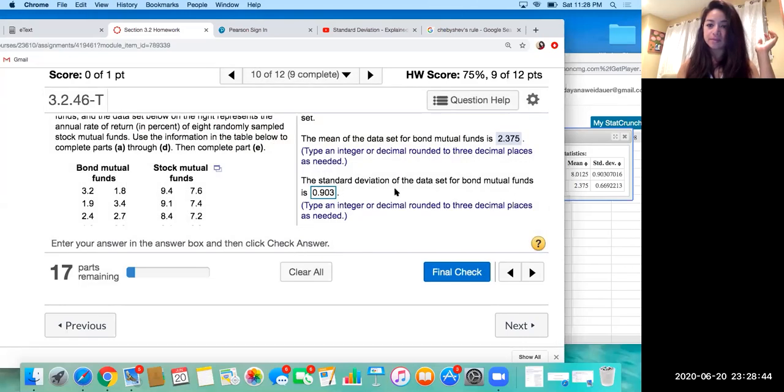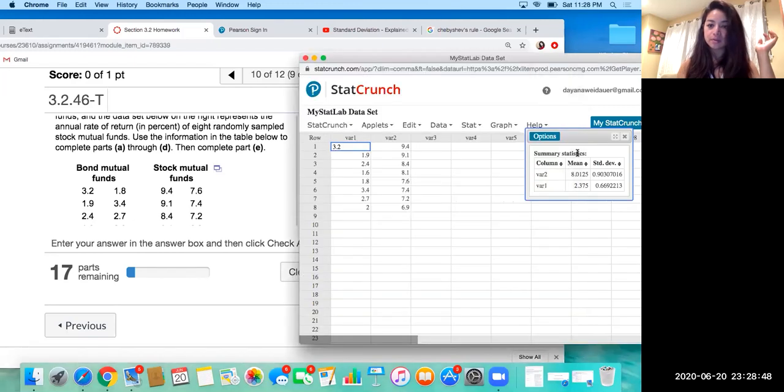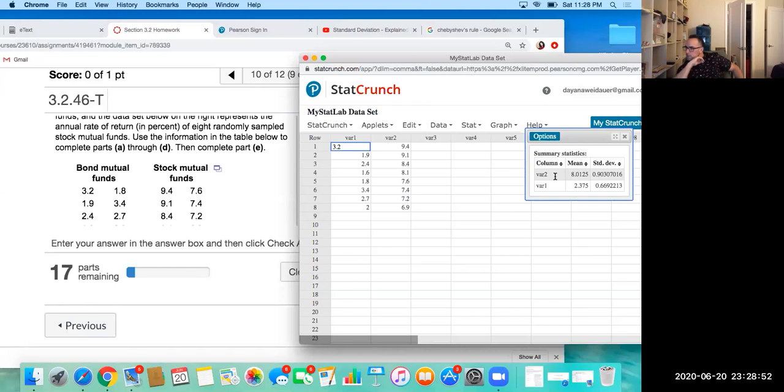The standard deviation of the data set for the bond. Oh, what? It's backwards. The variable one is on the bottom. So it's 0.6, 0.7, 0.670. Did you put that last time or what'd you put?